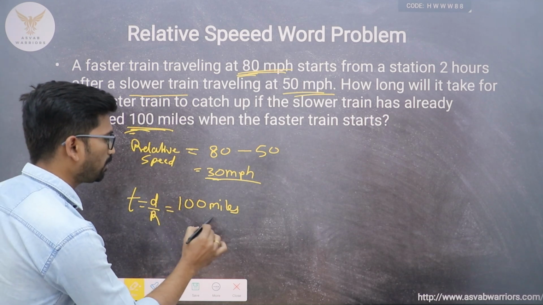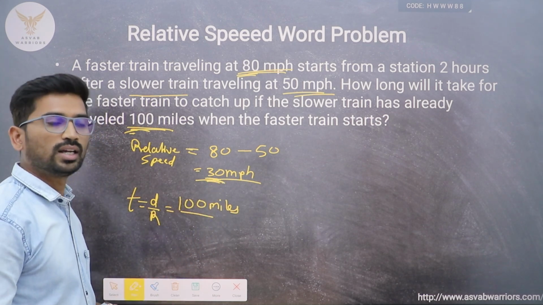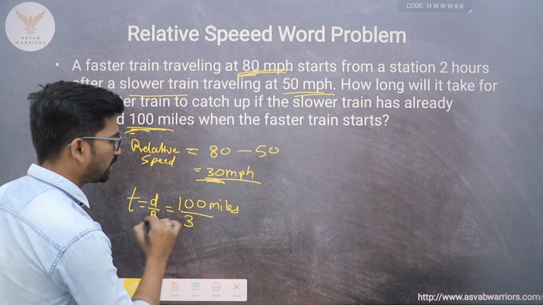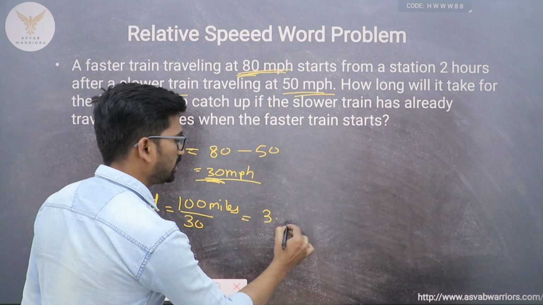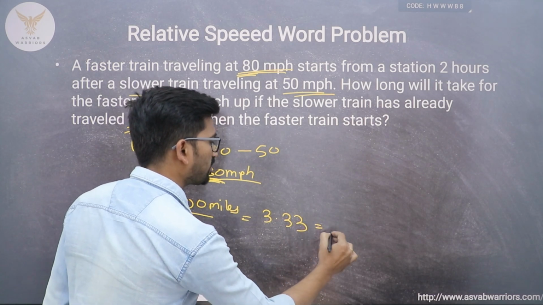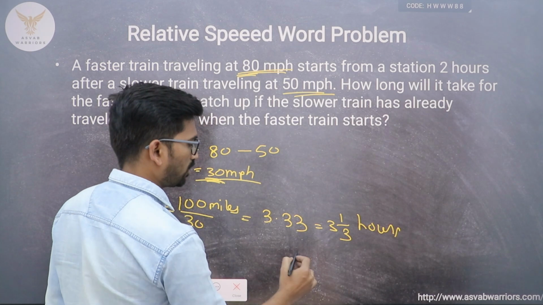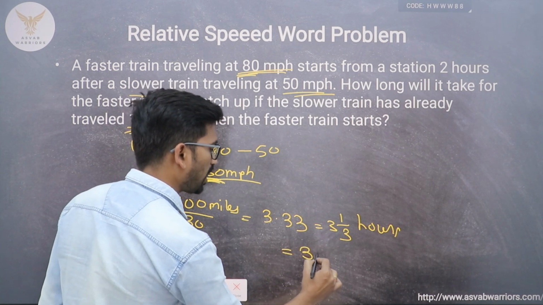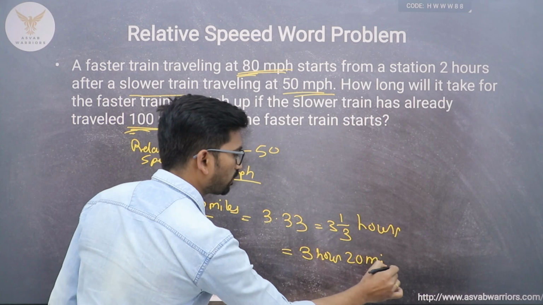Here distance is 100 miles and rate is 30 miles per hour, which is the relative speed. So 100 divided by 30 will come out to be 3.33, or we can say 3 1/3 of an hour, or we can say 3 hours and 20 minutes.